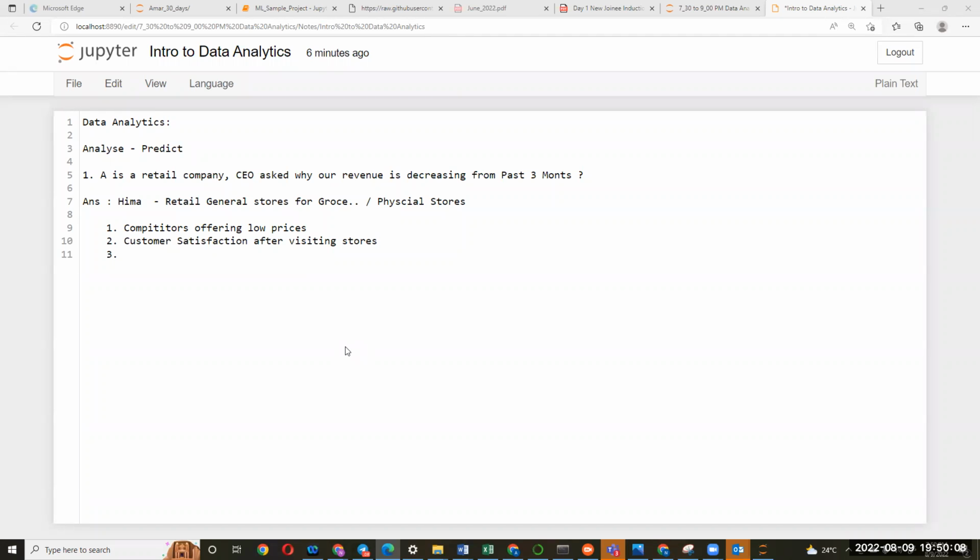Can anyone tell any other points specifically related to it? I'll take yours also, but in your point of view, what are the main impacts that decrease sales? Competitors, customer satisfaction, and apart from this or along with this, any points you want to tell? Lack of marketing or lack of promotions.